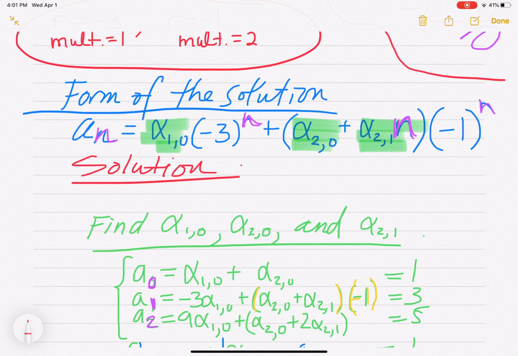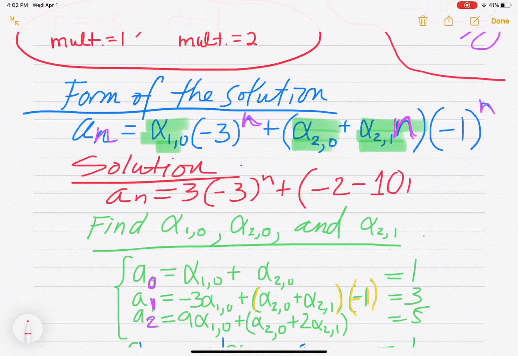So a sub n equals alpha 1,0, which was 3, so 3 times negative 3 to the nth power, plus parentheses alpha 2,0, which was negative 2, so negative 2, alpha 2,1 was minus 10, multiplied by n, and then that's multiplied by negative 1 to the nth power. Okay, there it is. There's your final solution.